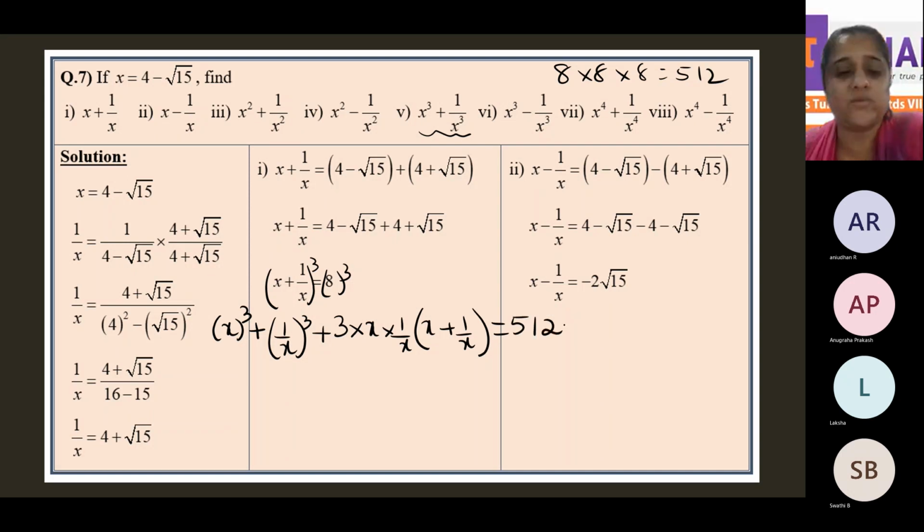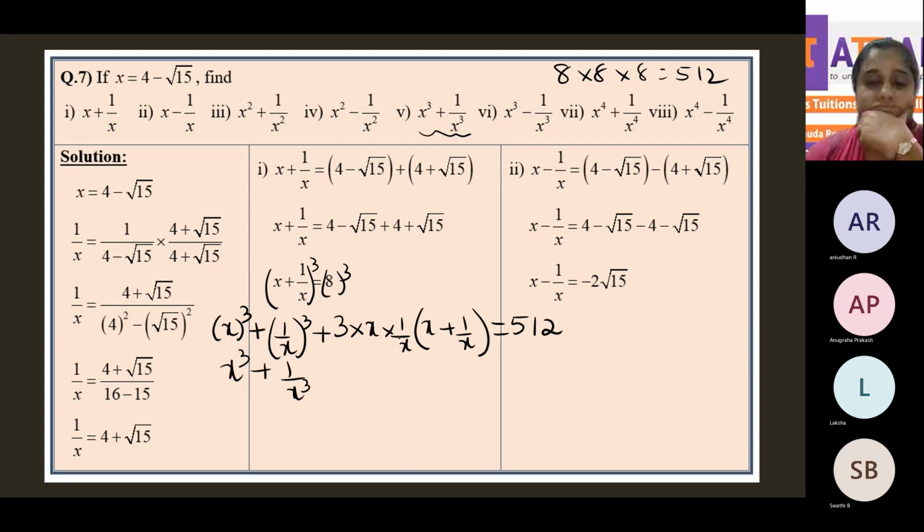Now online students, one of you will continue. Tell me, what after this? What will get cancelled here? x and x get cancelled, which gives us 3. Plus 3 into, what is the value of x plus 1 by x? We already found it: 8. So this is equal to 512.